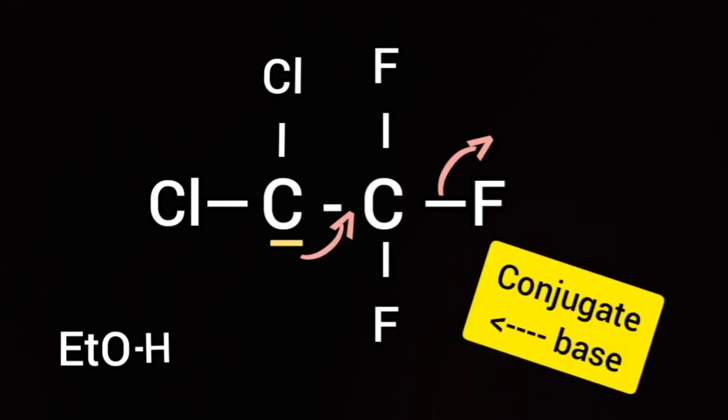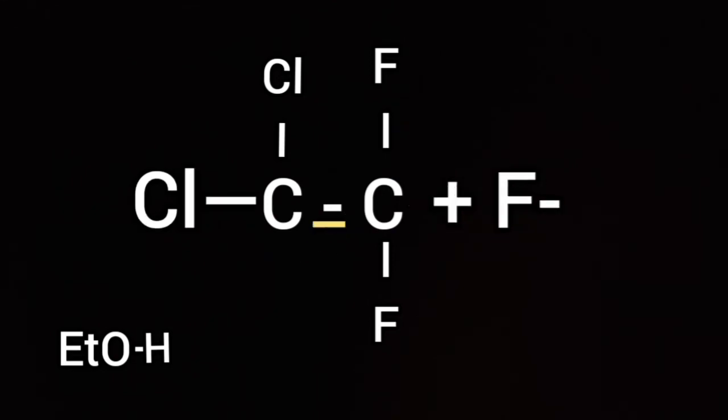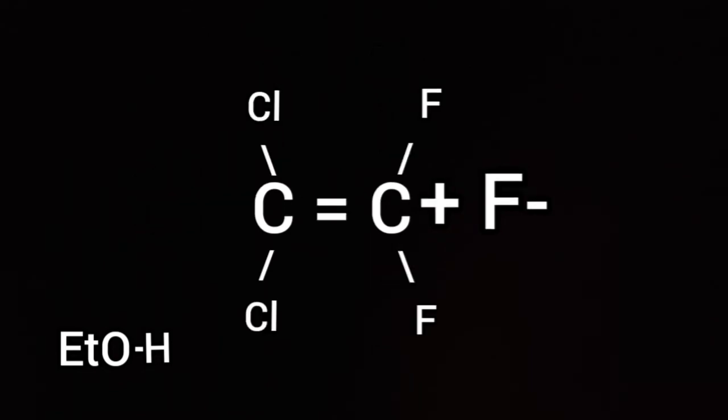In the next step, the conjugate base forms a pi bond with the alpha carbon. So the product is written on the screen, CCl2 double bond CF2. This reaction also undergoes the E1CB mechanism.